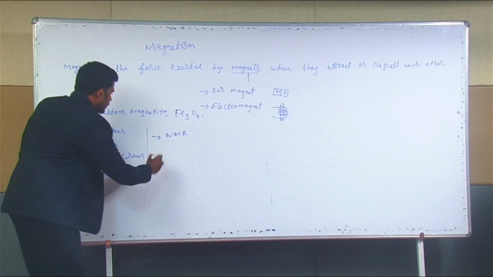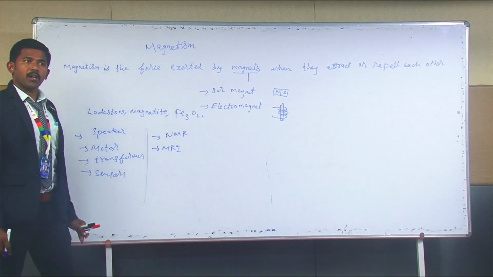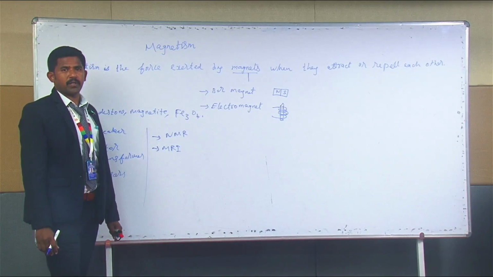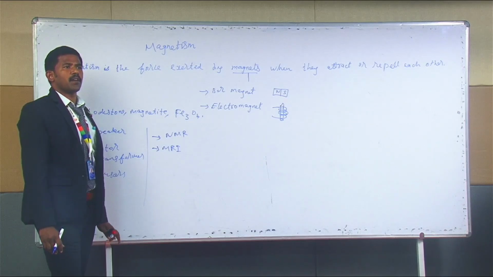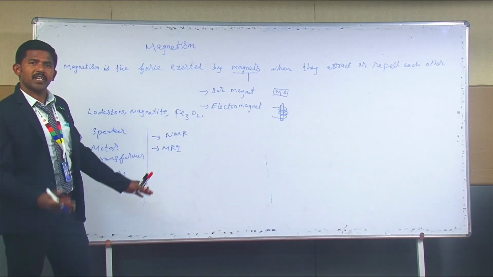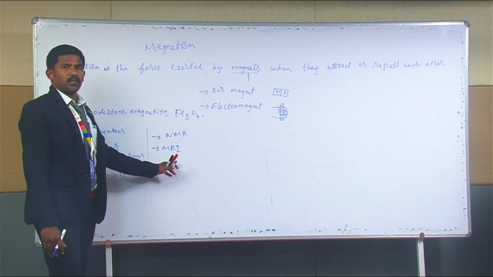Next one is MRI. It is a very important non-invasive imaging tool. Since it does not involve any radiation, we can take scans repeatedly. So this is very important in the medical field.